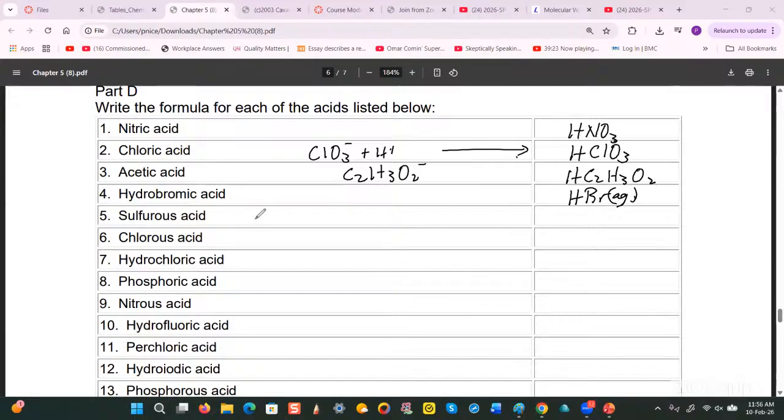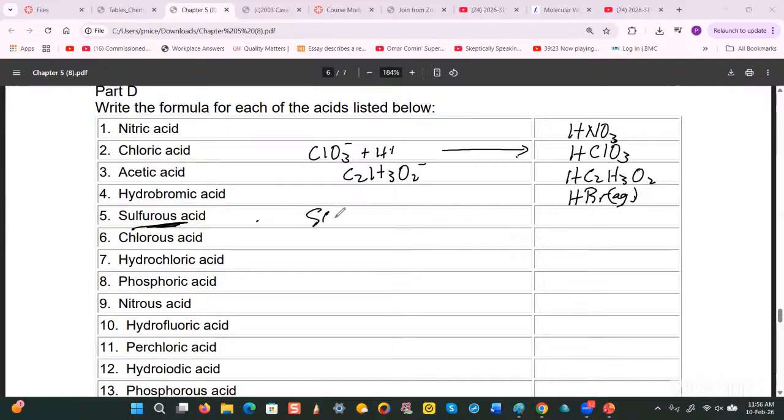Okay, what about sulfurous acid? So what would be the corresponding anion that you look for in the table? No, we're talking about sulfurous. Sulfite, exactly.